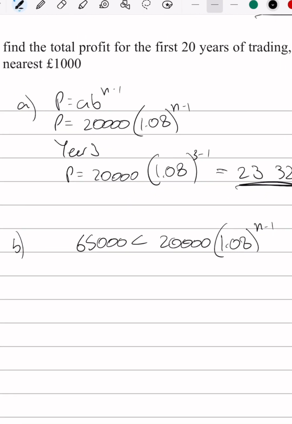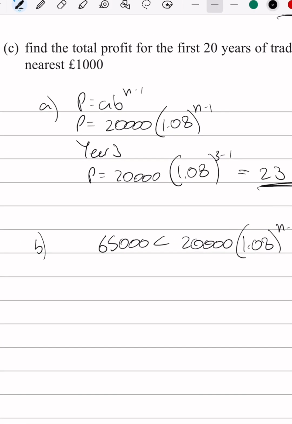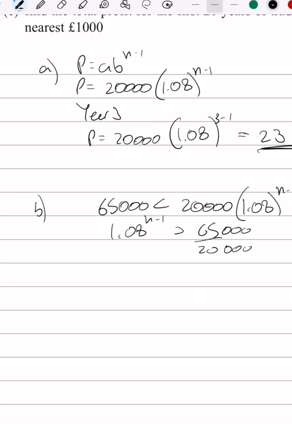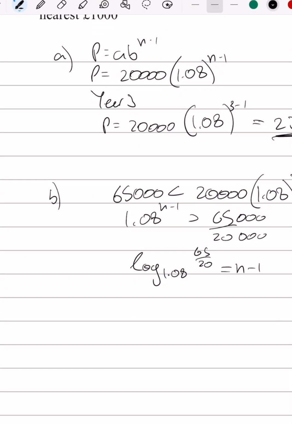In this case we can just solve for n by doing 1.08 to the n minus 1 is greater than 65 over 20,000 obviously. Then if we take logs from both sides, we get log of 65 over 20, which would be n minus 1.